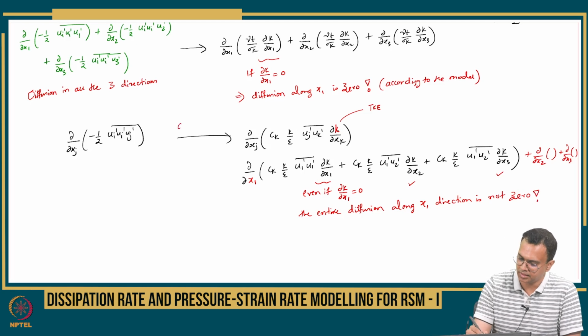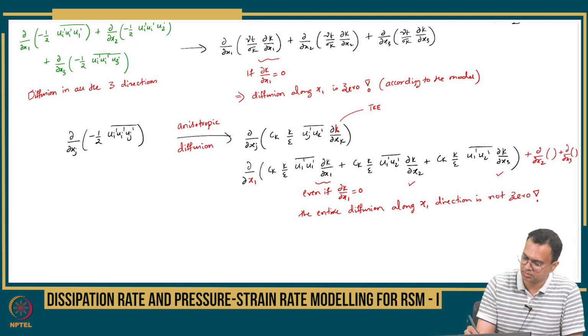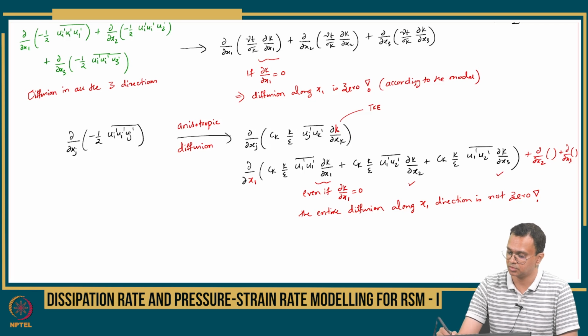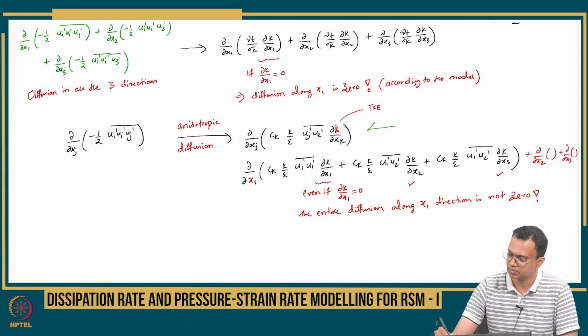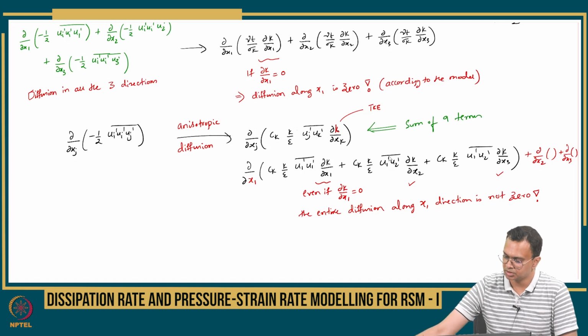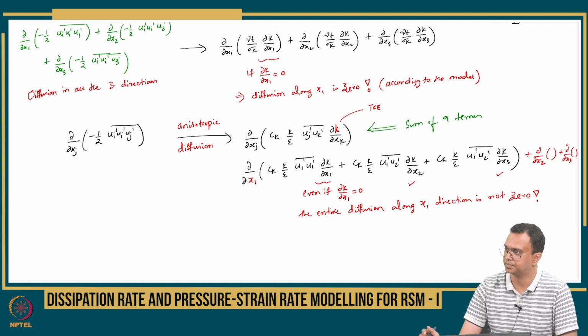That is why this anisotropic diffusion model helps. It is actually a sum of 9 terms, and in each term there are 3.